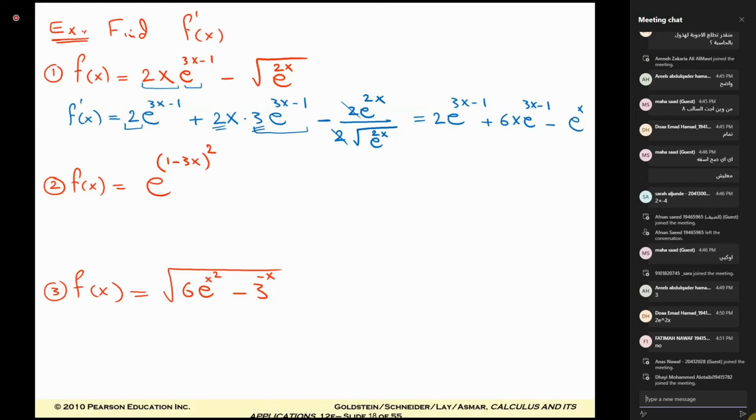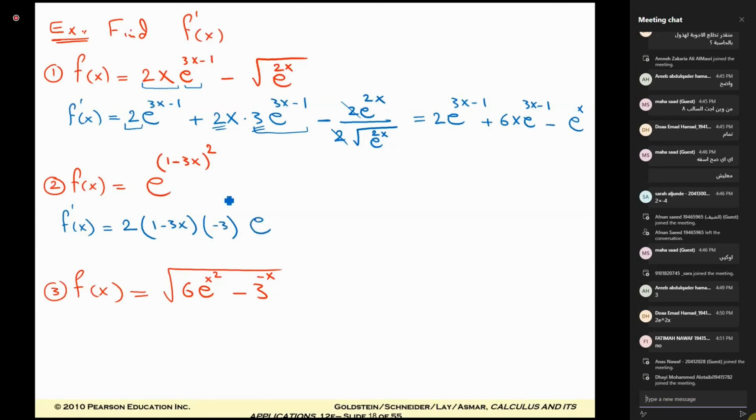Okay, the second: f prime of x equals the derivative of an exponential, but in the exponent we have brackets to the power 2. So we have 2 multiplied by the same brackets with power 1, and multiplied by the derivative inside the brackets.